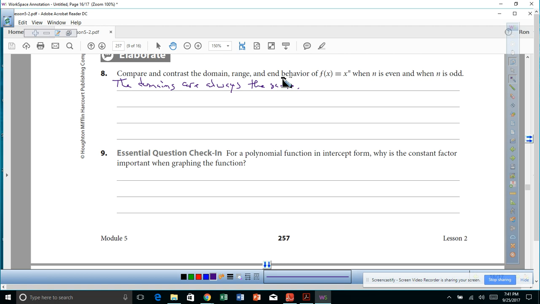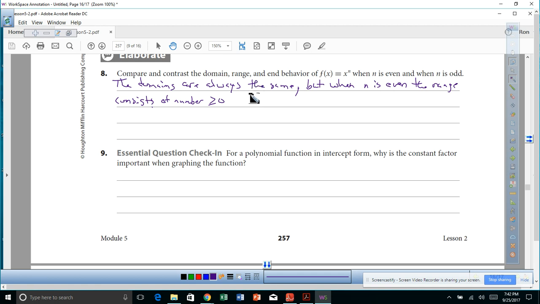But when n is even, the range consists of numbers greater than or equal to 0.